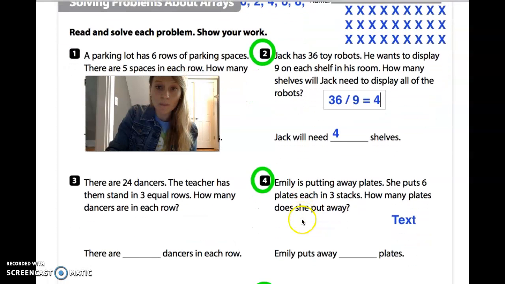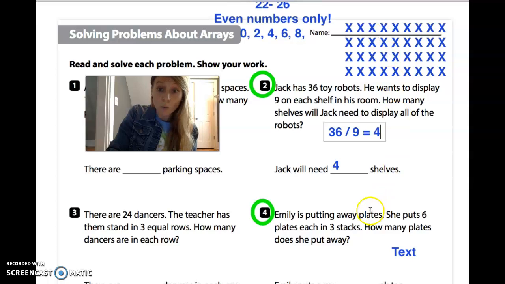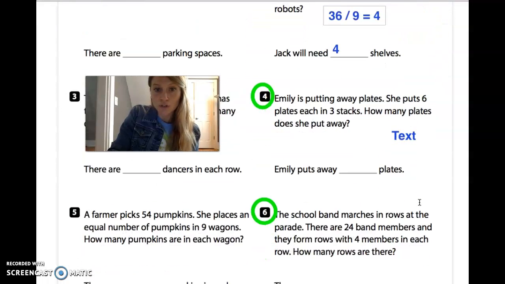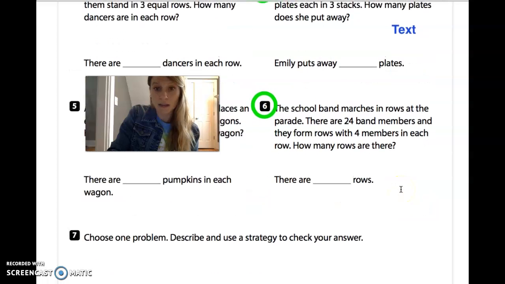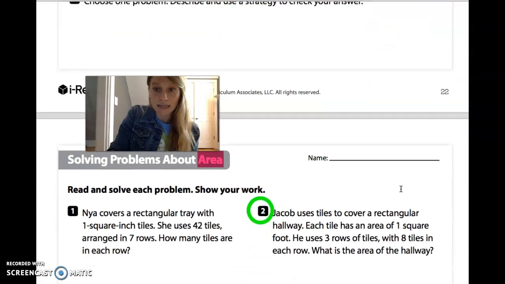So when you do this problem about Emily and her plates, you can draw a picture, or you can see if you can think about a division or multiplication sentence to use here, okay? So you're going to do 2, 4, and 6 on this page. That's it. All right, pause me if you need to pause me. Always feel free to press the space bar so I'm not going too fast, all right? I'm going to keep moving on to the next page.